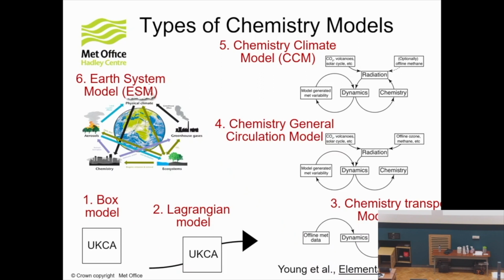Of course, these only refer to composition, but we can implement it within a full Earth system model, where we might have linkages with the biosphere through interactive emissions, and interactions with clouds and so on. Hopefully this gives you a feel of the hierarchy of models available to us and that we use within Earth system science.